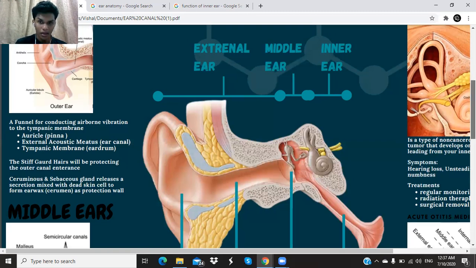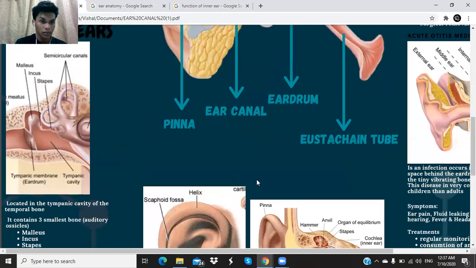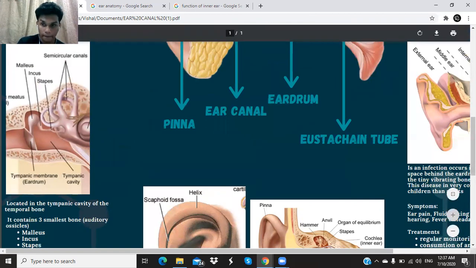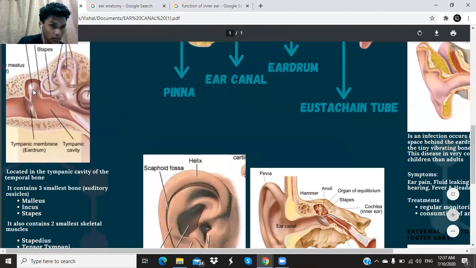Secondly, we'll be looking at the middle ear. It is located in the tympanic cavity of the temporal bone. It contains three small bones, the auditory ossicles, which are the malleus, incus, and stapes.